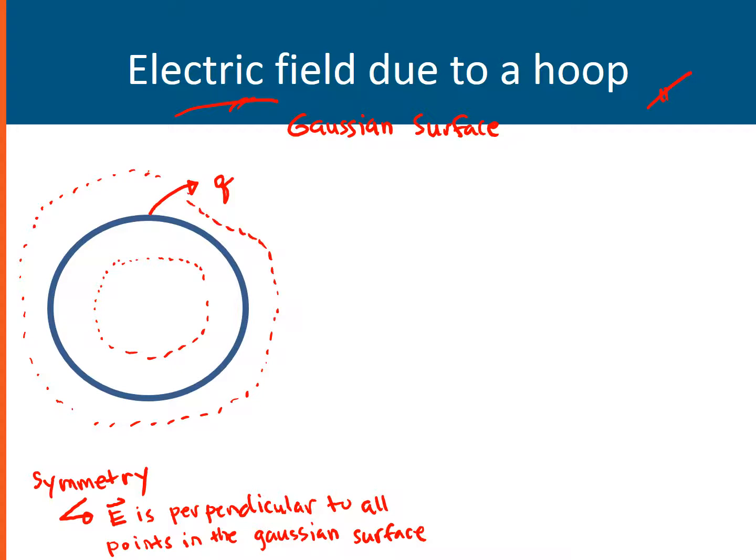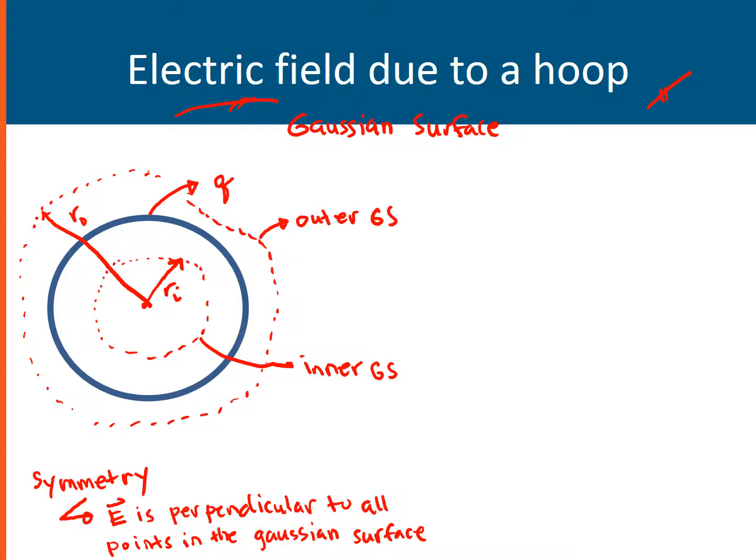I would call this the outer sphere or outer Gaussian surface, and this is my inner Gaussian surface, and they are all spheres. If the radius of the inner Gaussian surface I call Ri, the radius for the outer Gaussian surface I call R sub O.